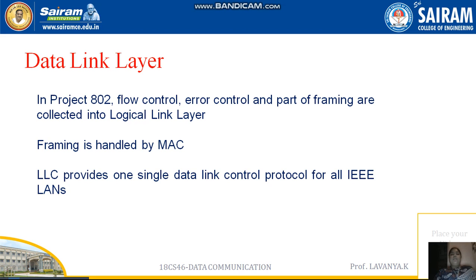Then the framing is handled by the MAC, the multiple access controller, which controls the framing. The logical link controller provides one single data link control protocol for all IEEE LANs, the IEEE wired LANs.